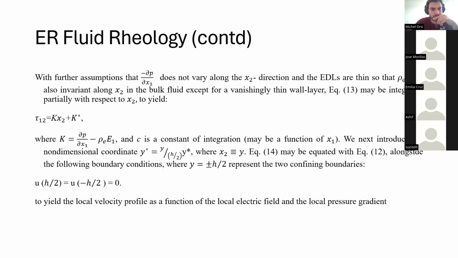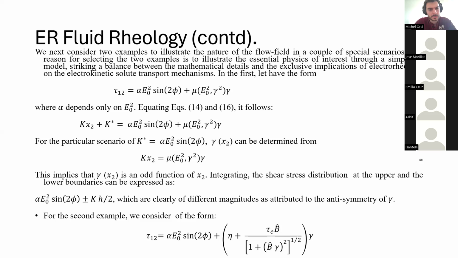We next introduce the non-dimensional coordinate y star as y divided by h by 2, where x2 equals y. So now we put the boundary conditions at h by 2 and minus h by 2, where u is defined as 0 at the two boundaries.